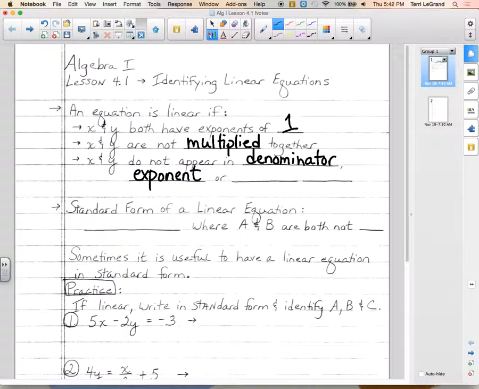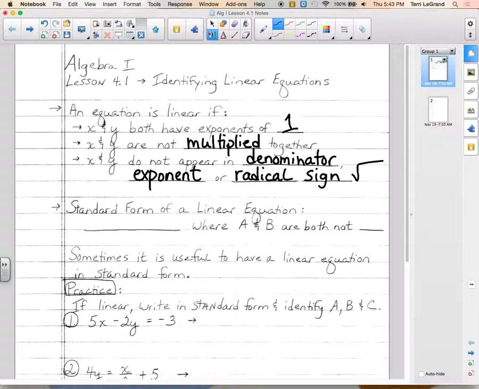And then last but not least, x and y cannot appear under a radical sign. And a radical sign is as such.